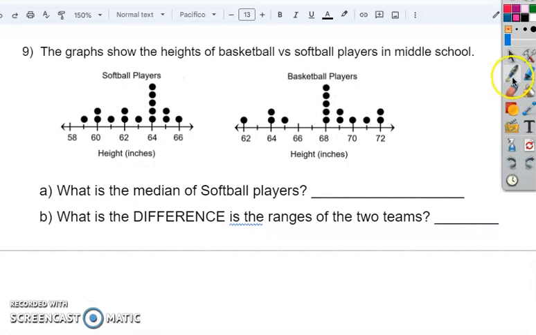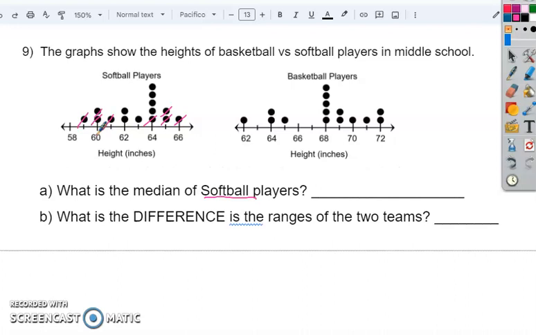Okay. What is the median of softball? So remember, you count forward and backward, okay, until you get to the middle, okay? Go forward and backward until you get to the middle. If there's 2 middle numbers, see where they are, and see if they're in the same column, then that's your median. If they're in different columns, you figure out what's between those two.